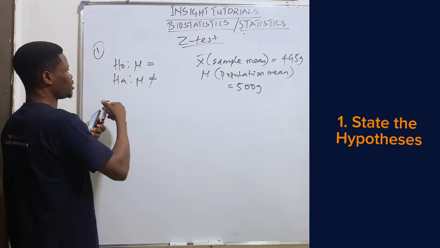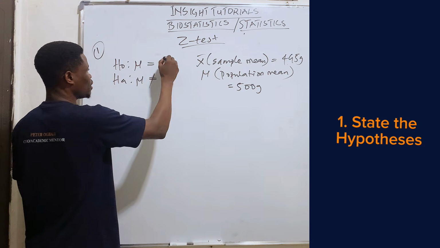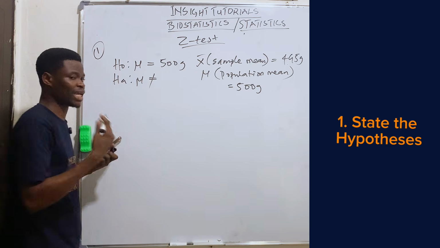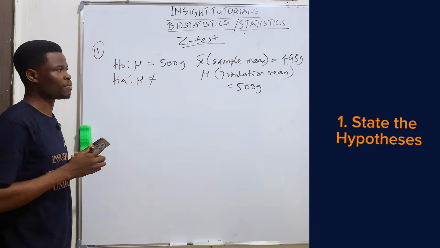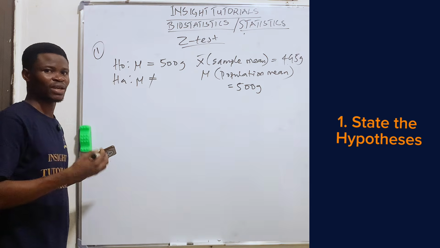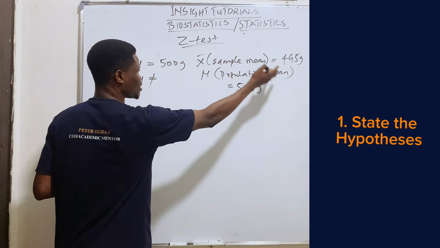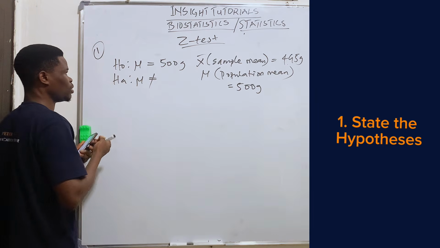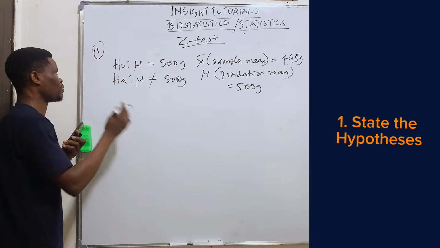So we are going to write it that there is no significant difference between this and that. This is in symbolic form. And then the alternative hypothesis will say that there is a significant difference in the mean weight between the sample and the population. So this is the argument. We have done step one.